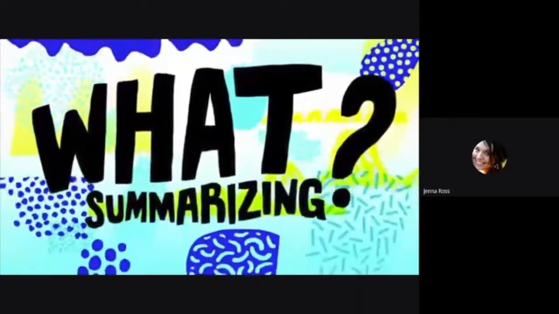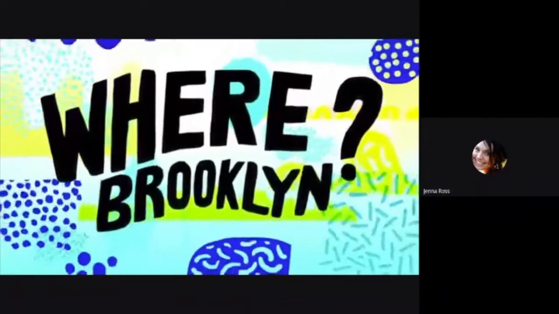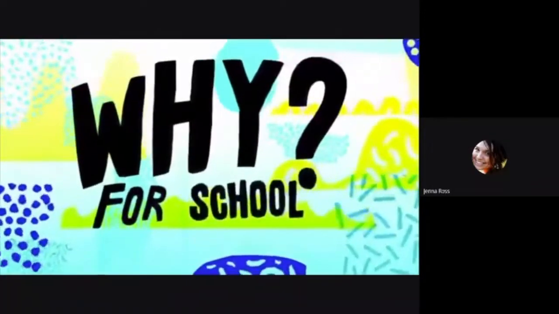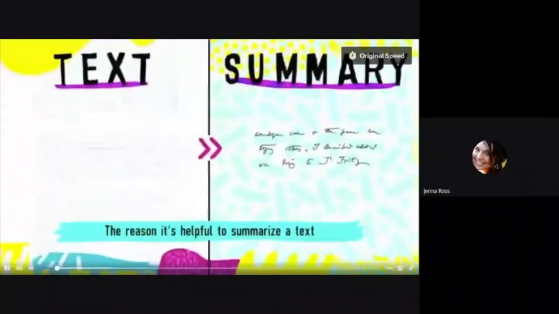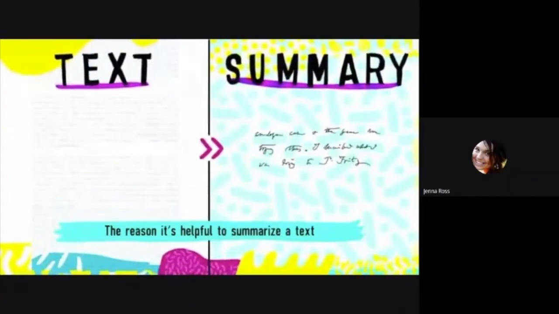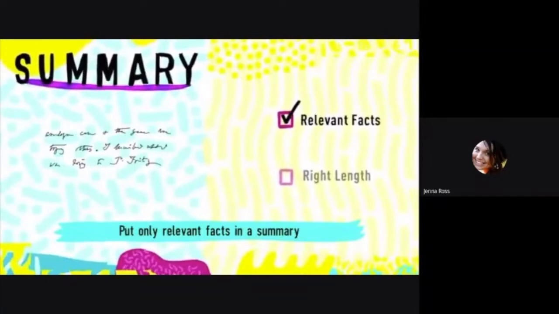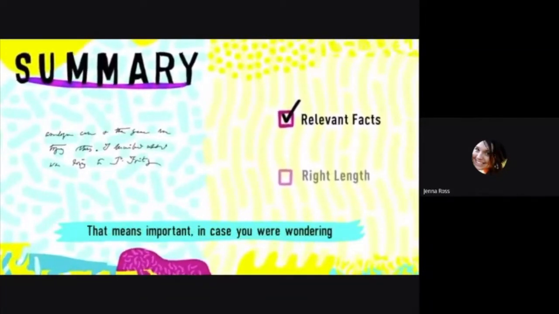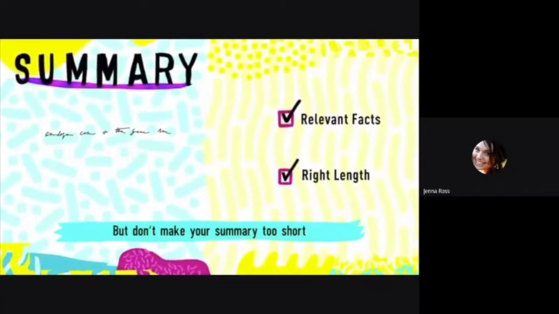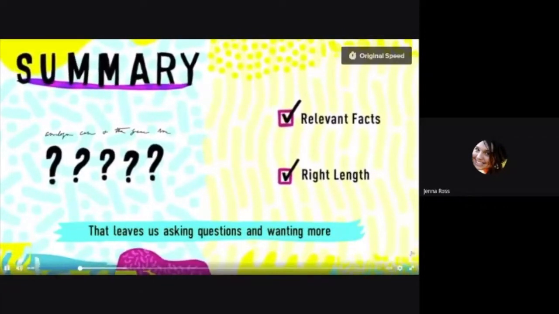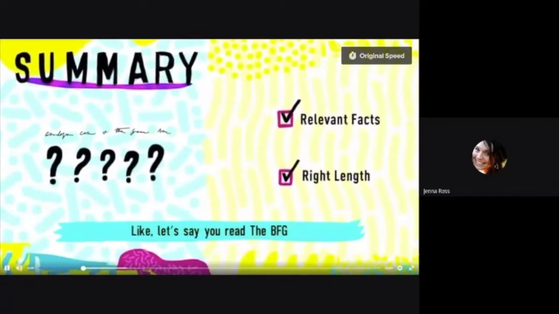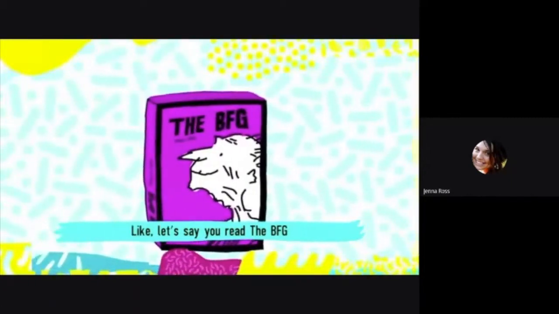You already know it's the Flow Cab crew. What? It's a song about summarizing. Where? Brooklyn. Why? For school. When? Right now. The reason it's helpful to summarize a text is to tell someone the gist, and so you don't forget. Put only relevant facts in a summary. That means important in case you were wondering, but don't make your summary too short. That leaves us asking questions and wanting more. Like, let's say you read the BFG.